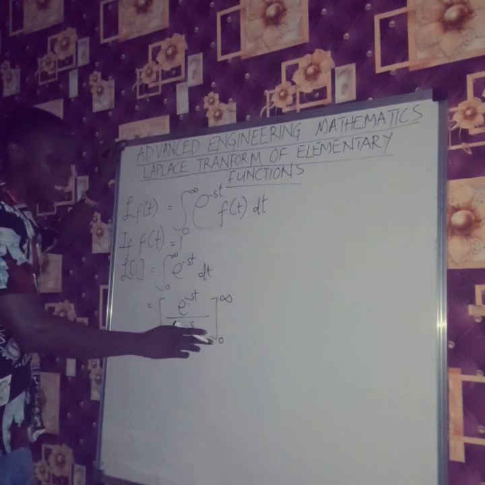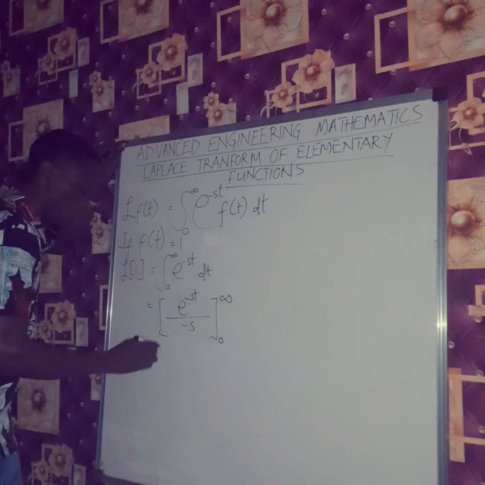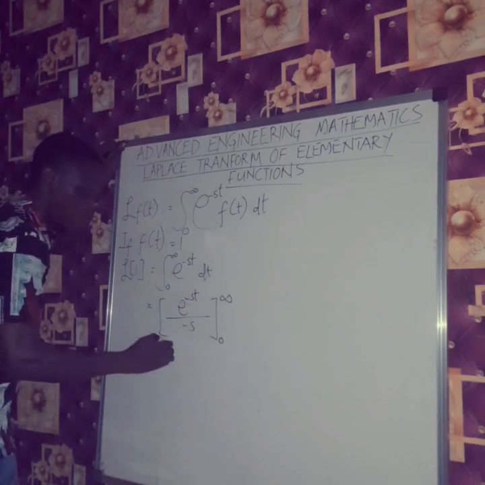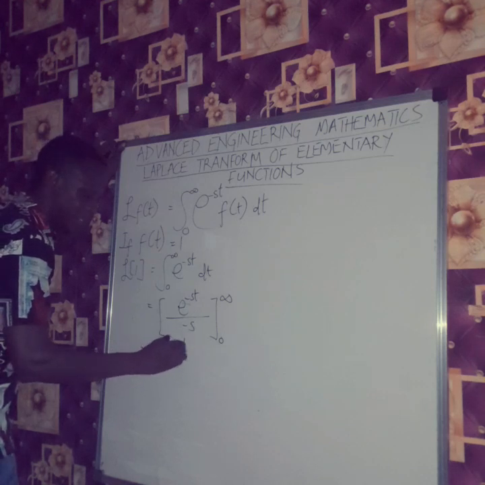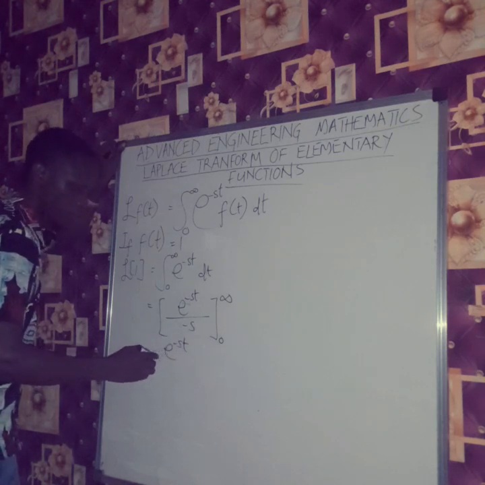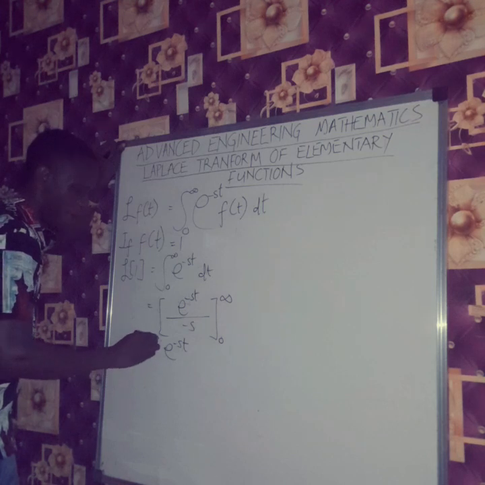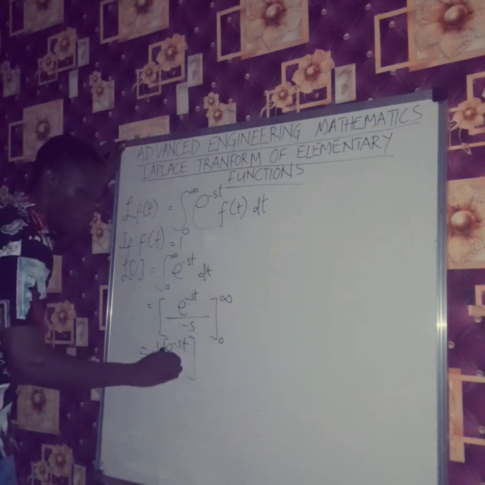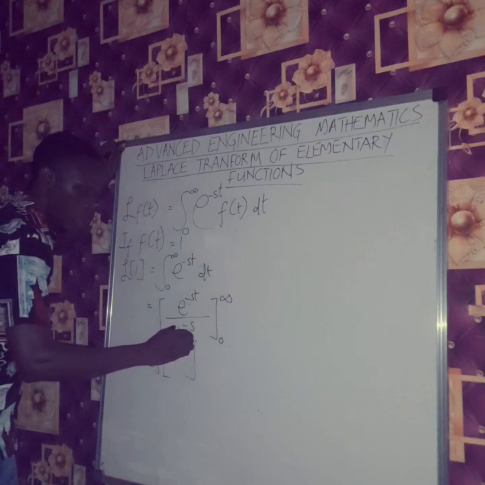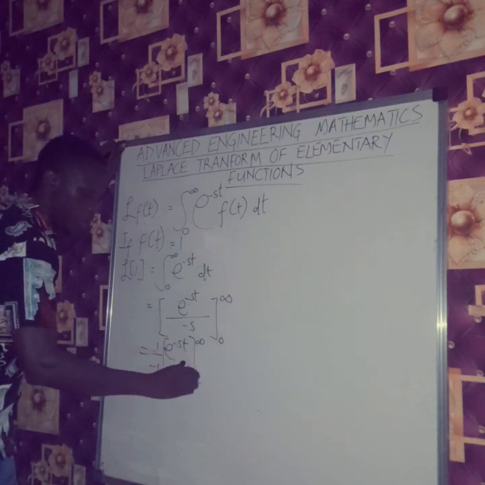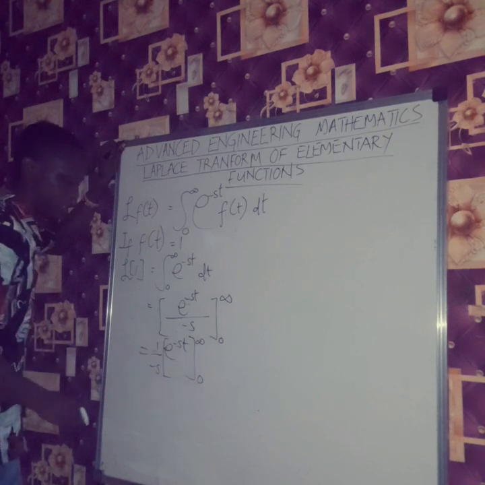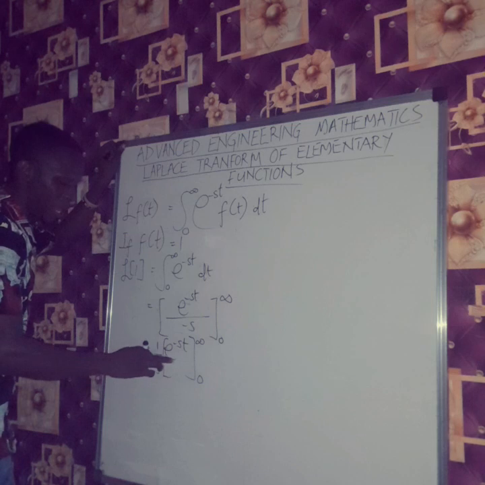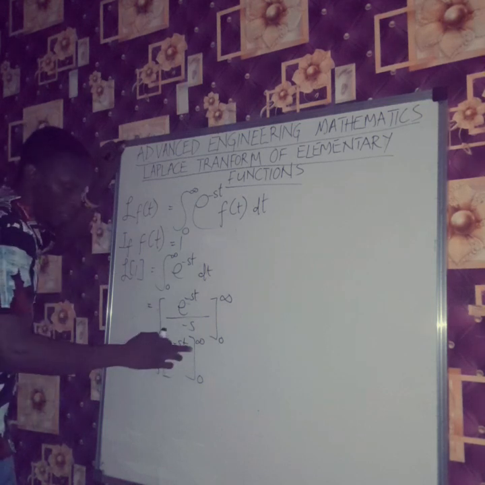Now because this is a definite integral, this is equal to e raised to the power minus st. I bring out my 1 over minus s, from 0 to infinity. Now with this we are going to get the values at infinity and 0.